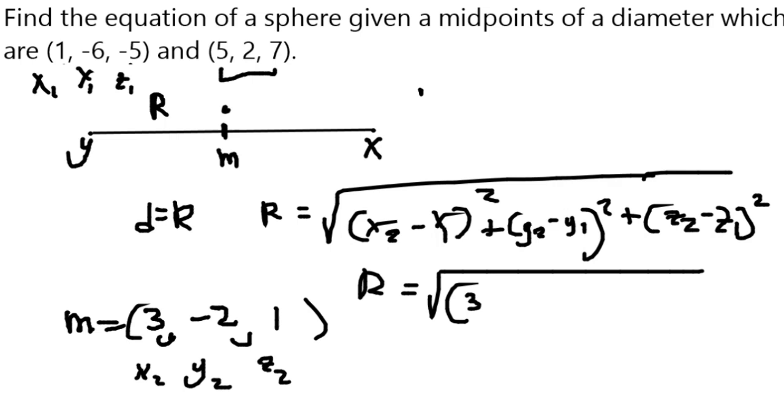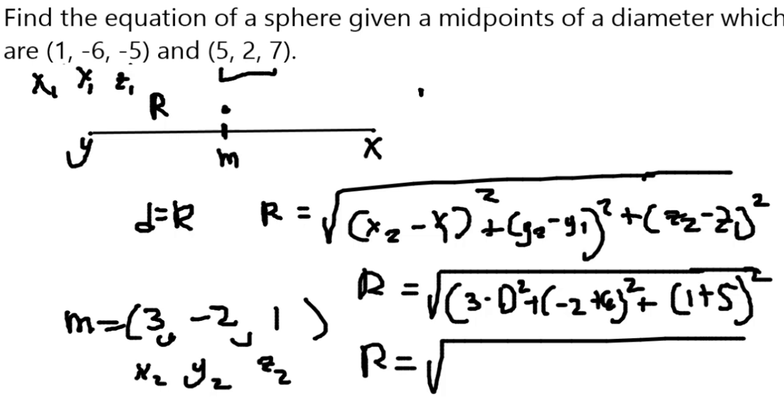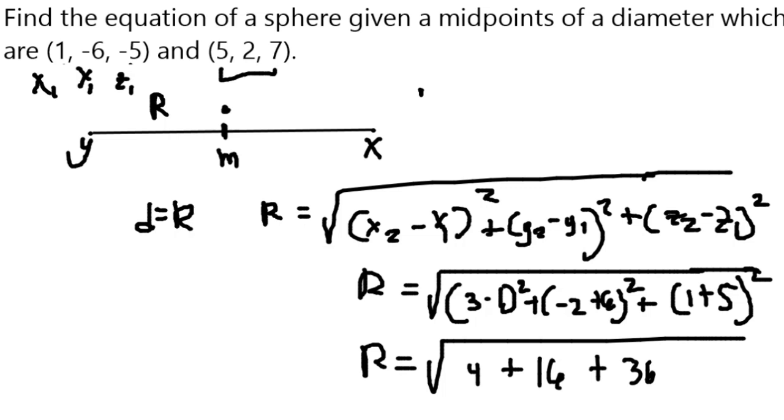Now we can put it into our distance formula. Plugging it in and simplifying, we got 4 here, and we got 16. 6 squared is 36. Further simplifying, we take the sum of 4, 16, and 36. So what we get is 56.